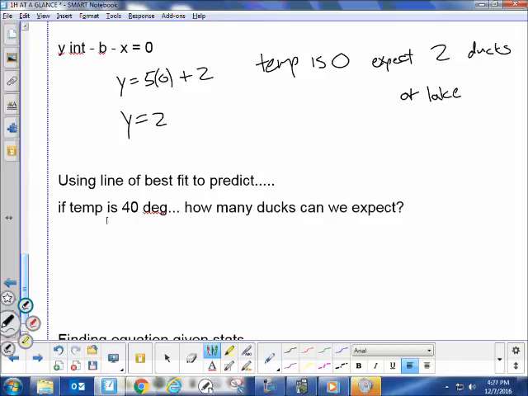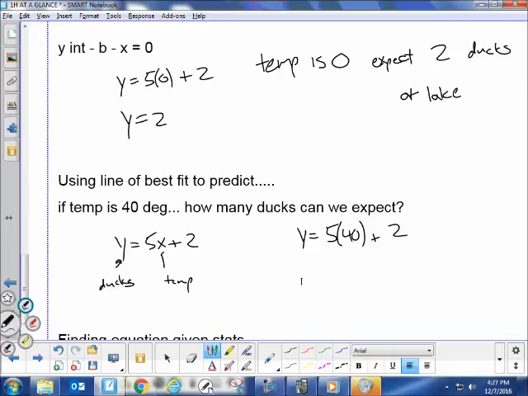Well, again, you have the equation y equals 5x plus 2, where x is temperature and y is ducks. You have to understand what is x and y. If temperature is 40, you'd plug in 40, and 40 times 5 is 200, plus 2, so 202 ducks.